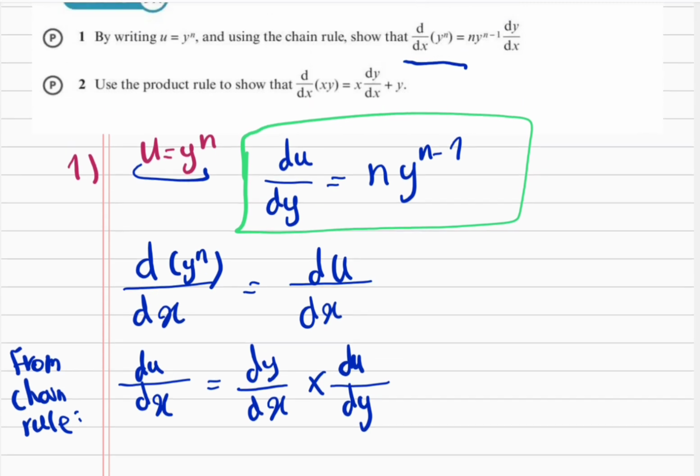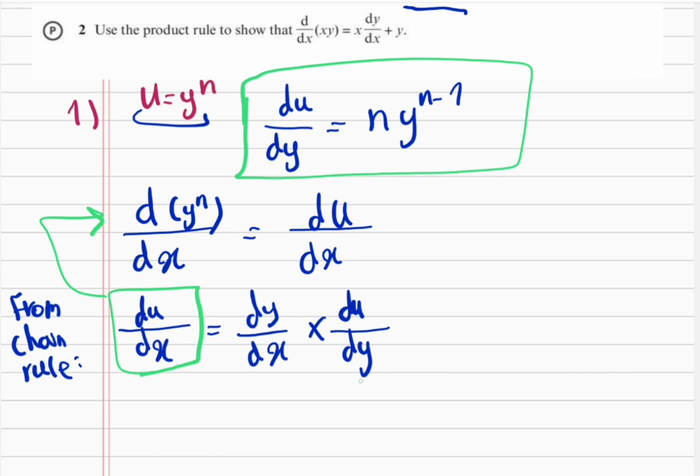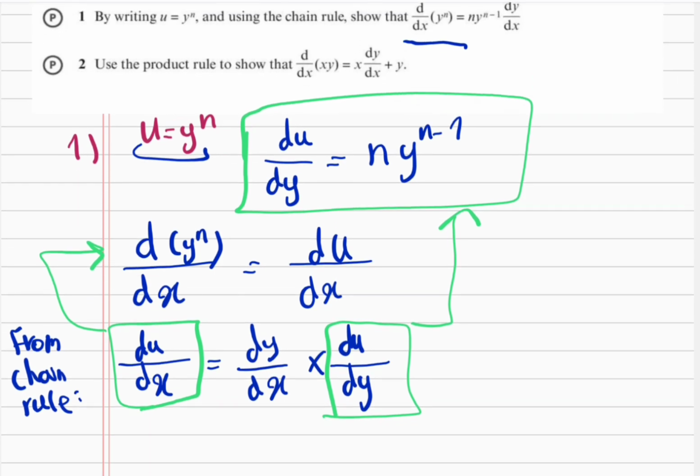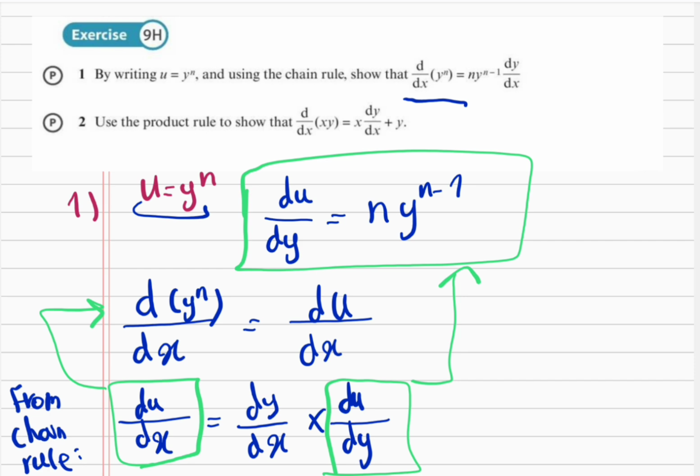We don't have dy dx obviously, but that's fine. We also have du dx, because du dx is equal to d y to the power of n over dx. And we also have du dy as I mentioned above, because that's just here. We don't have dy dx, and that's fine because if we substitute the ones that we know, we are going to get exactly what we are asked.